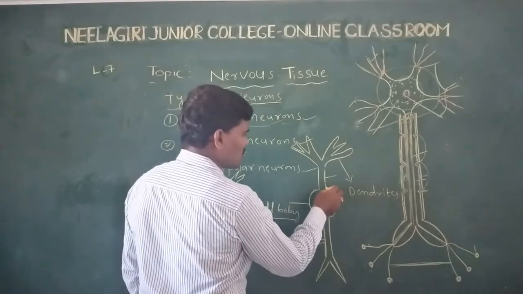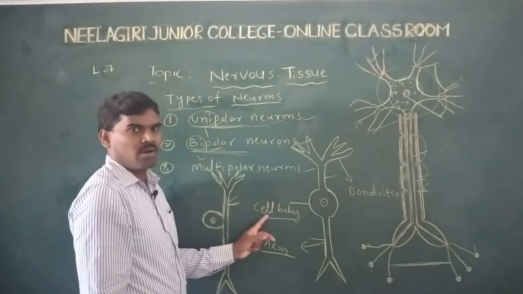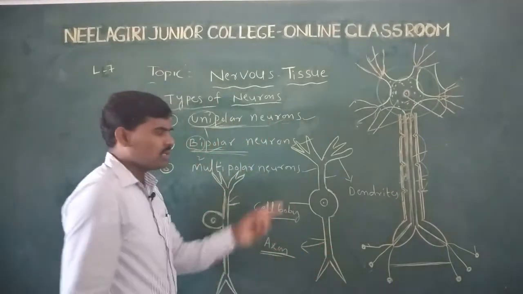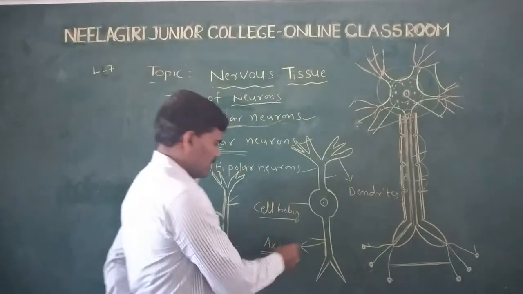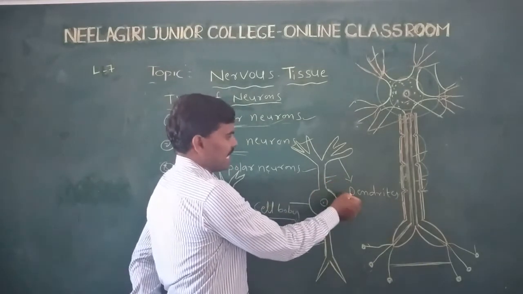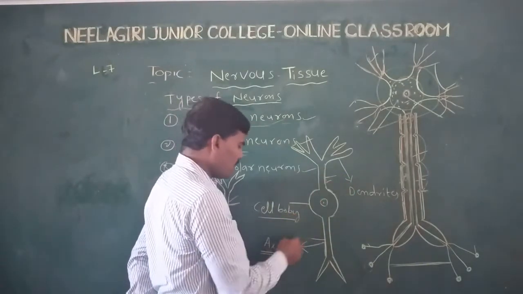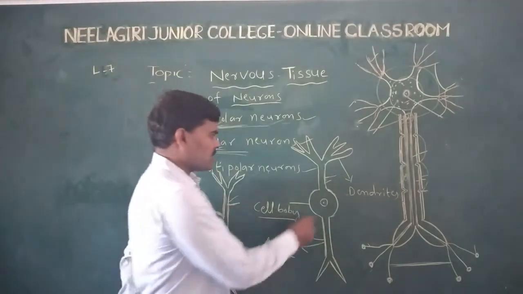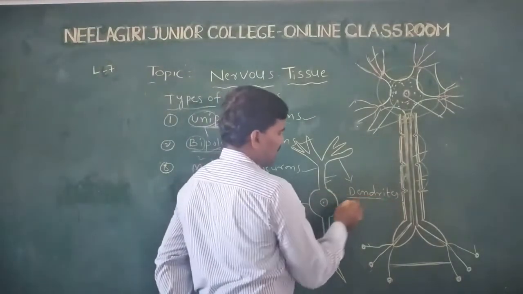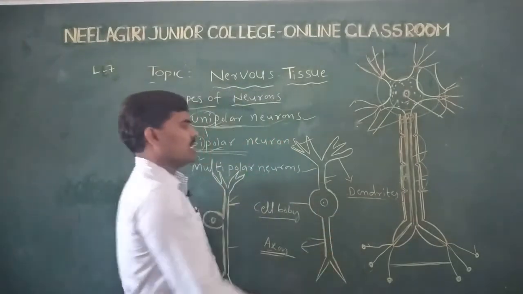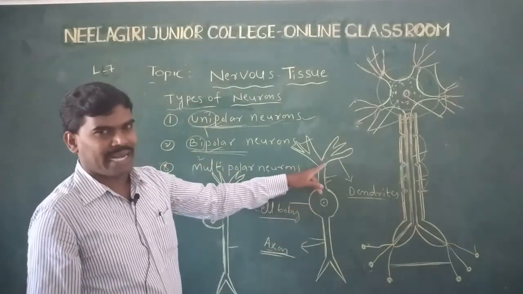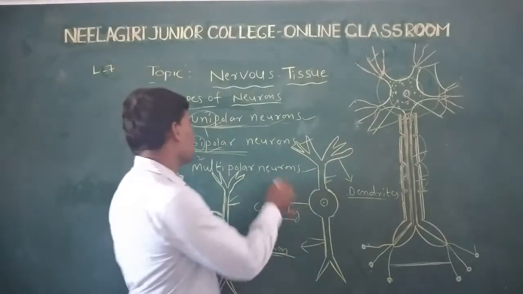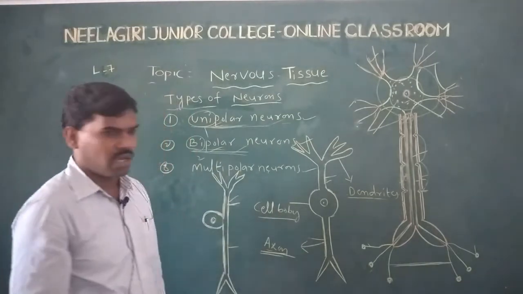The dendrite arises from the cell body and the axon arises from the cell body. So the cell body gives two branches, one is the dendrite and the other is the axon. This type of neuron is called bipolar neurons.